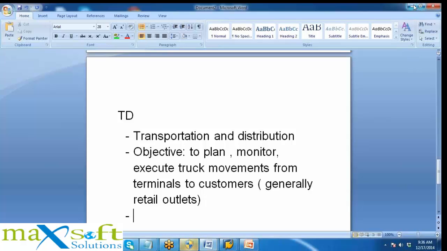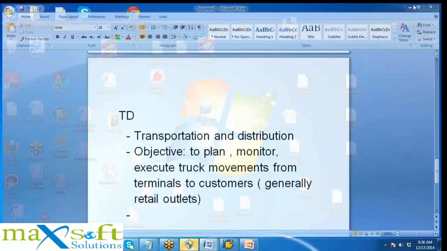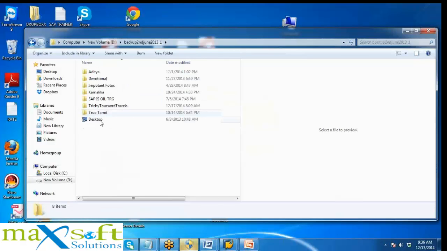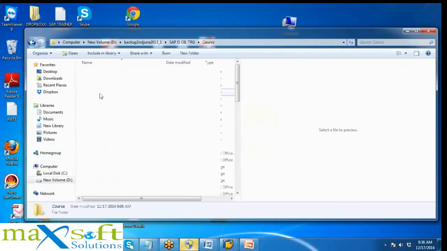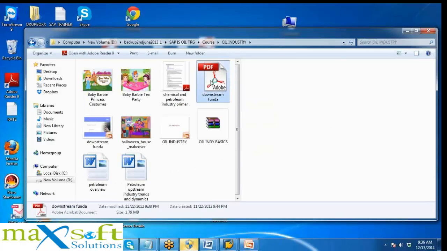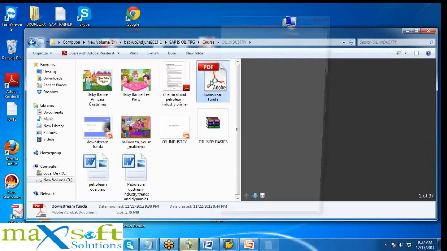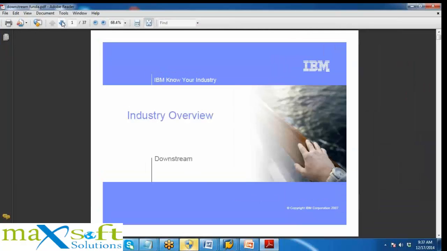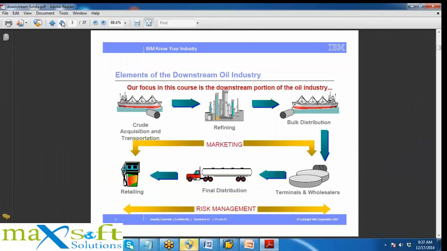I think Prashant may be aware, still I will show the slide once again. You see, from the refinery the product goes to the terminal, and from the terminal it goes to gas stations.